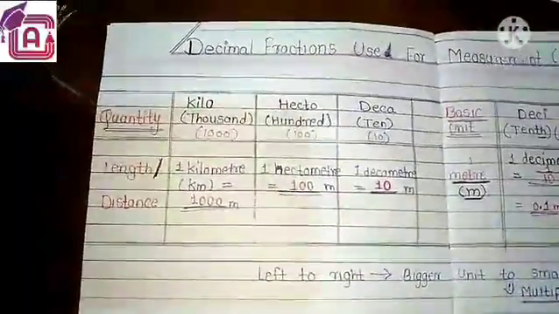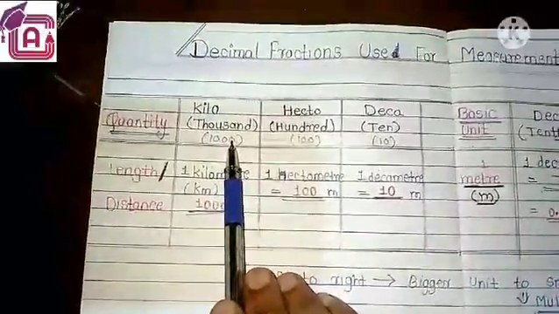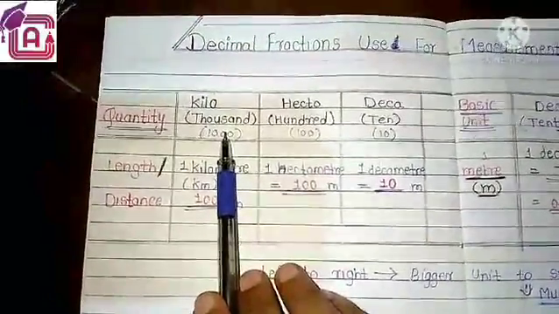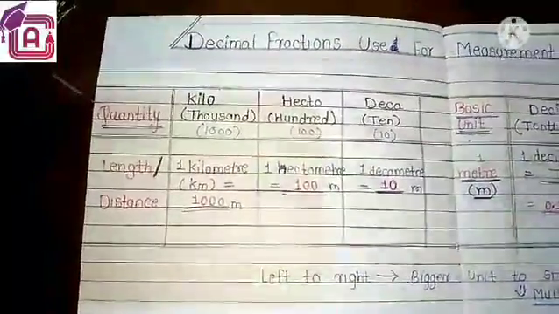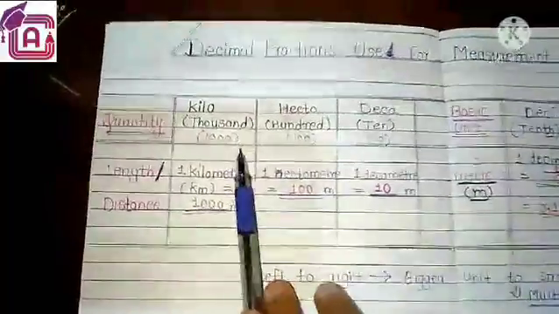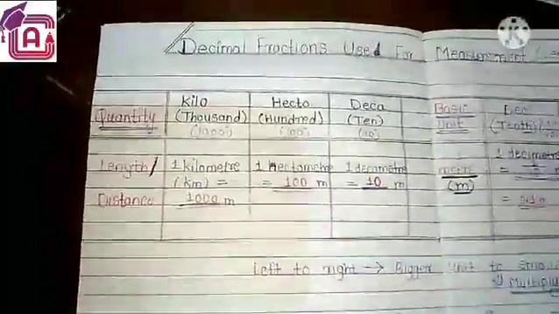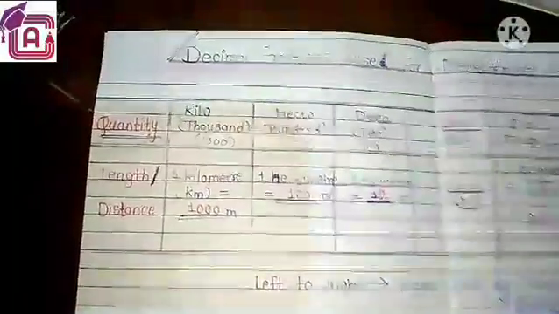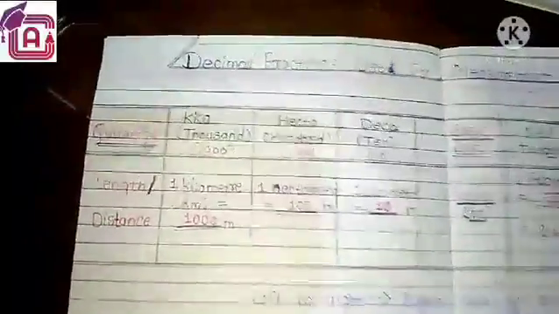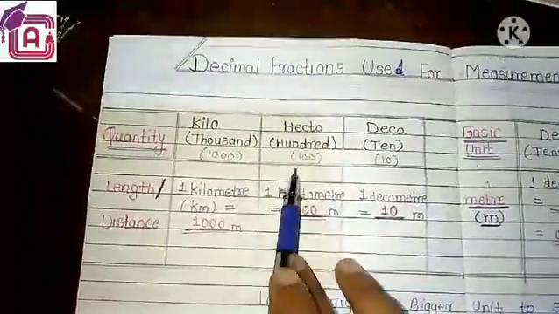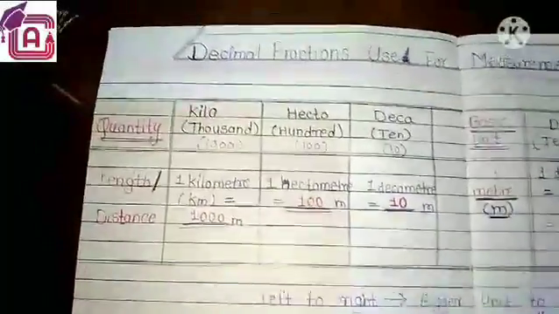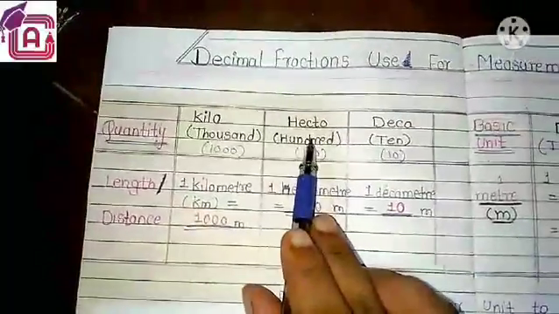And what we have to do? We know kilo and hecto, there is only one place. Hecto is coming after the kilo, at the first place. So from the kilo, hecto is present at the first place.